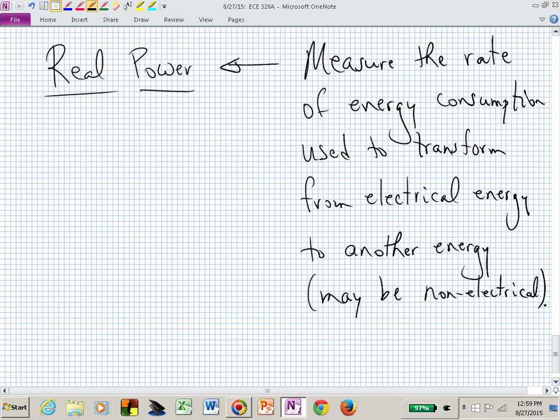Maybe you're using that energy to drive a motor. Maybe you're using it to charge your cell phone or your computer. That is now the real power that's being used.